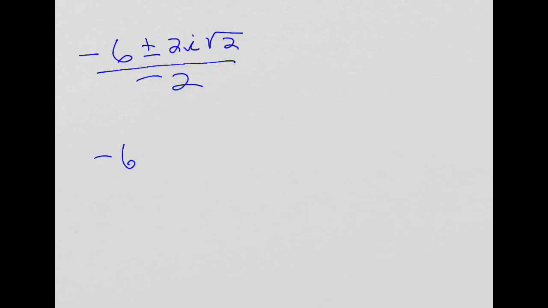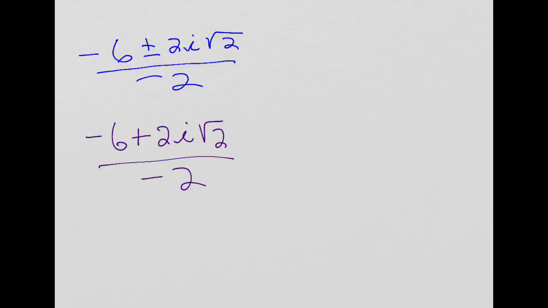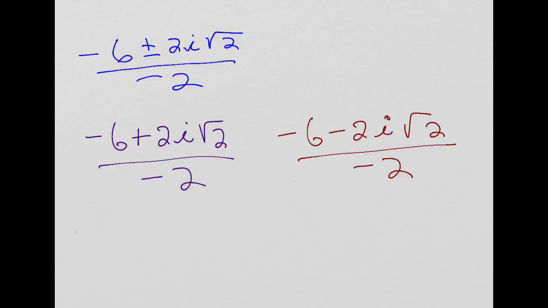Let's write it in different colors: the positive and the negative. They're both divisible by 2, which is great. So negative 6, I can rewrite this like this.